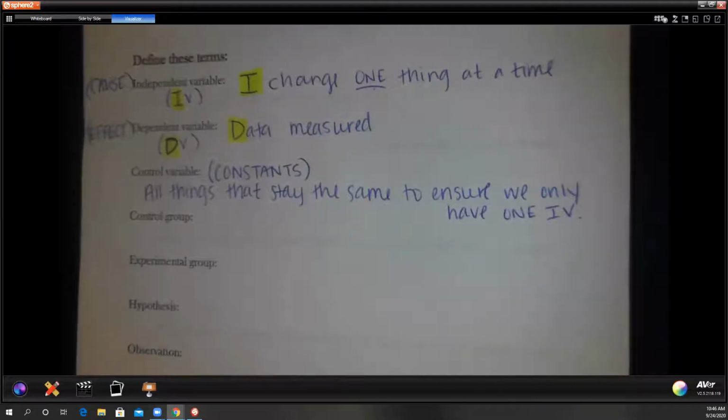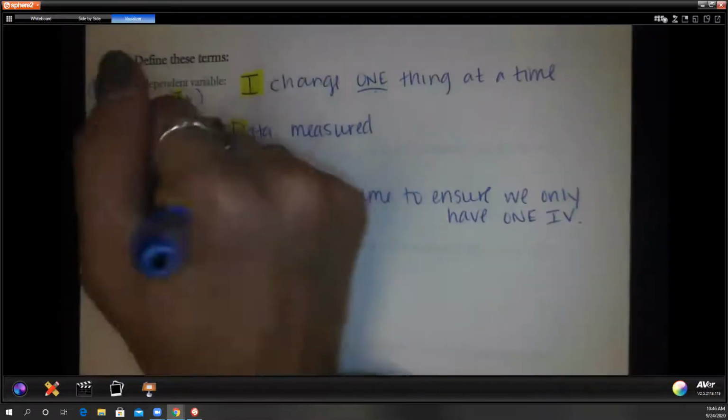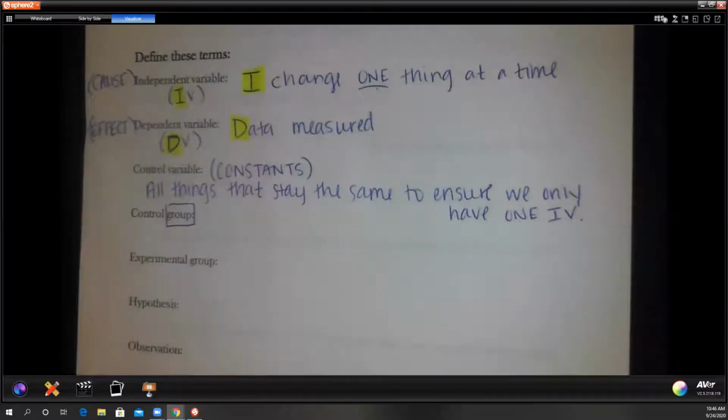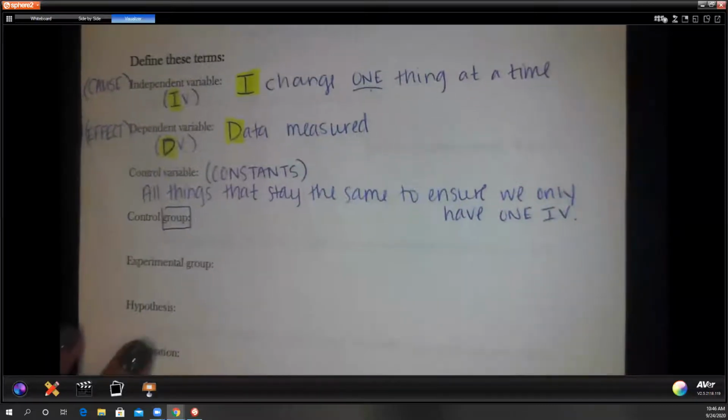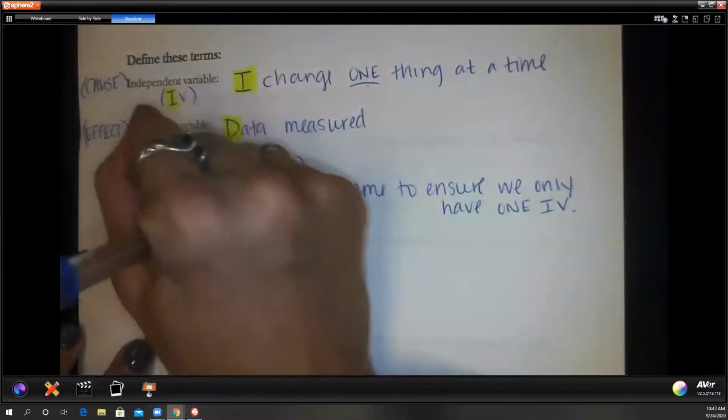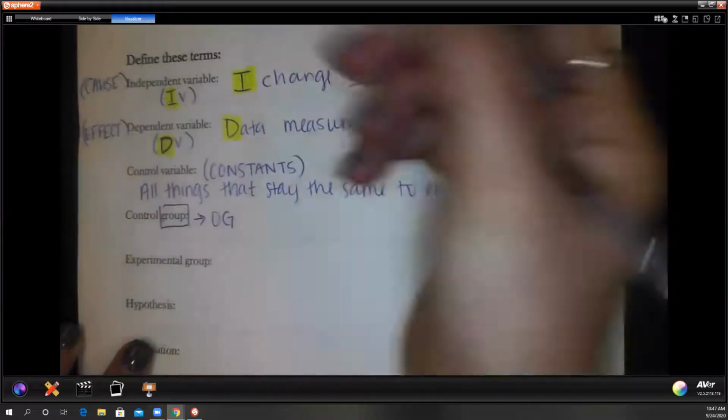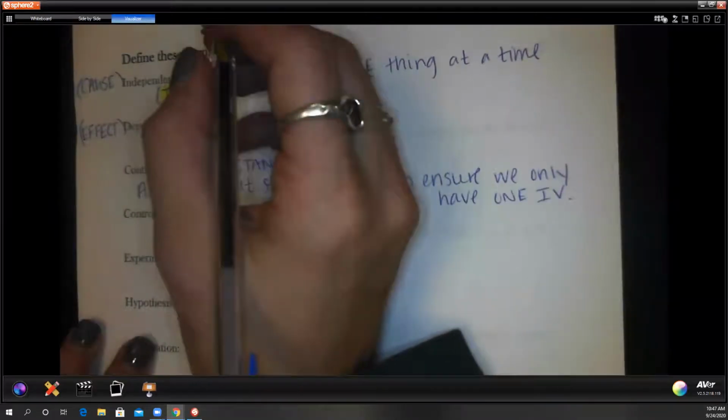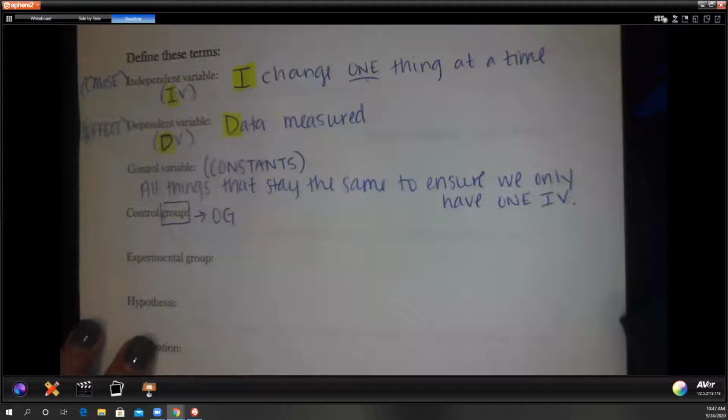Okay. Control group. Go ahead, Amiri. The group that has nothing happening to it. Yeah, this is our OG group, our original gangster group. This is the one that goes without.